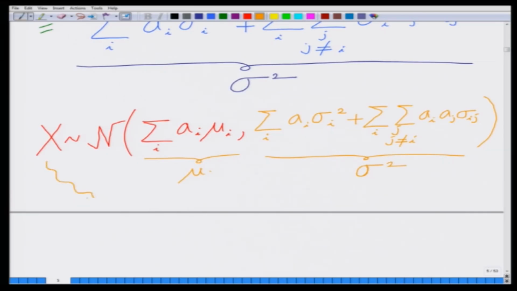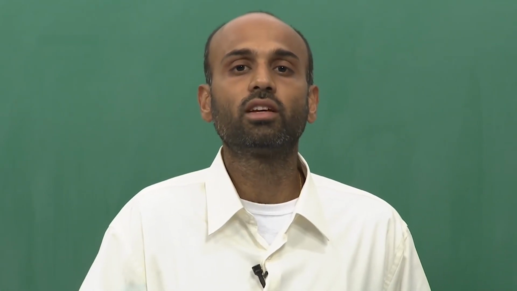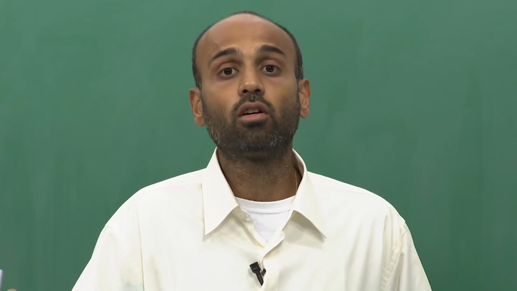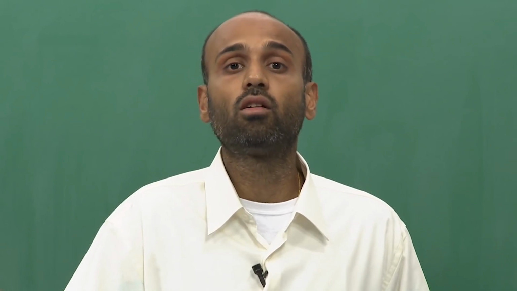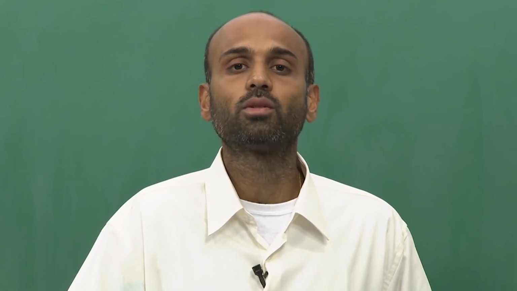So, what we have done is we have considered this Gaussian random variable, which is basically a linear combination of the Gaussian random variables x1, x2 up to xl, and we have calculated the mean and the variance of this new Gaussian random variable x in terms of the means, the variances and the covariances of x1, x2 up to xl.